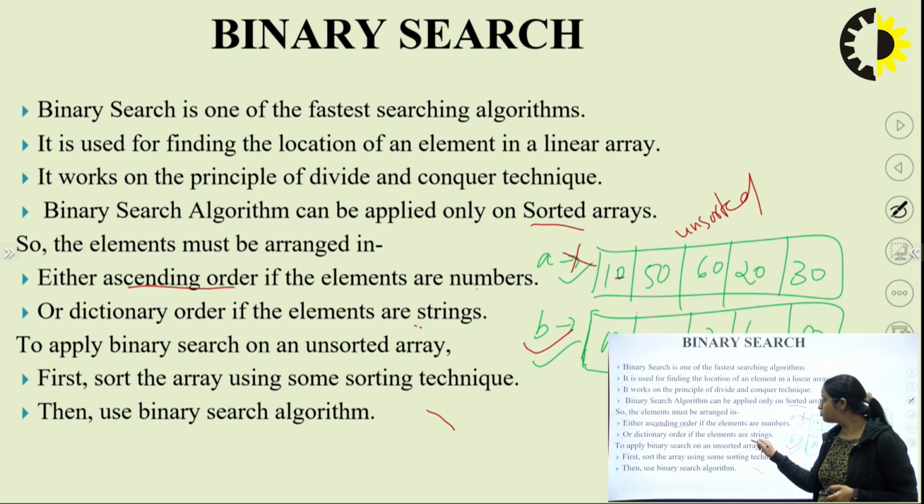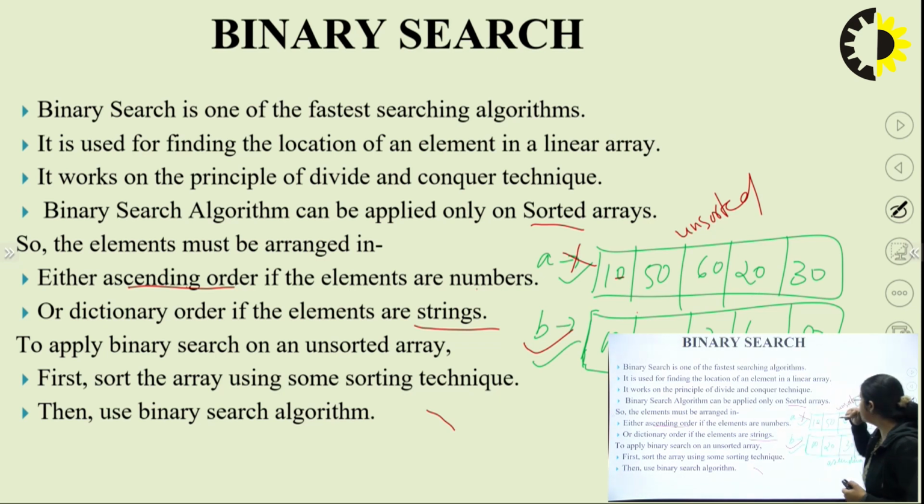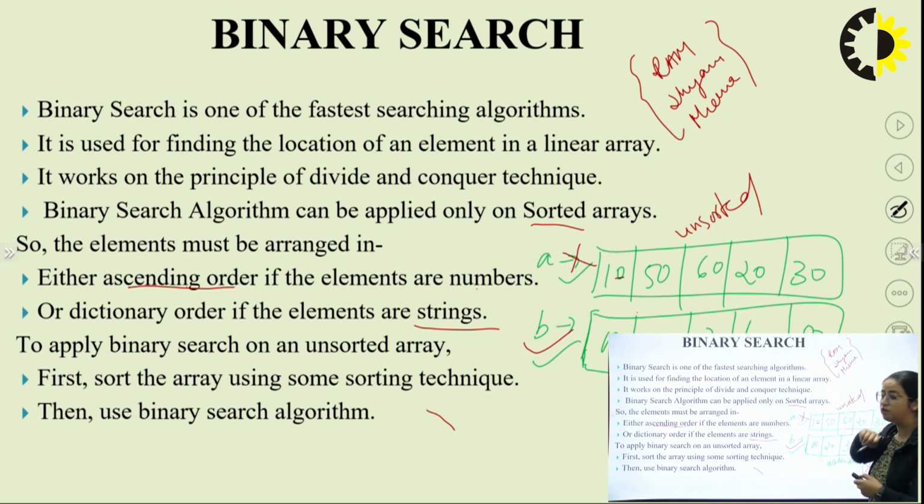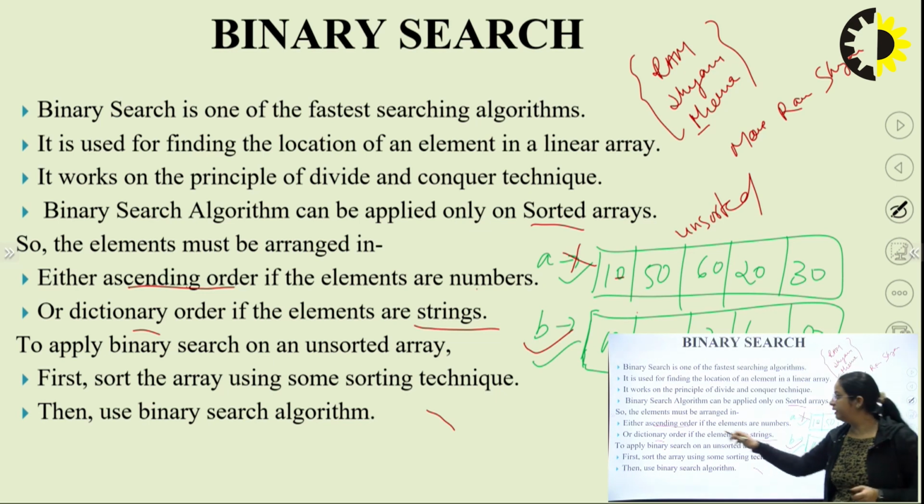And if you are taking string elements, like alphabets or any strings, for example Ram, Sham and Meena, and I want to sort these string elements, then we have to arrange them in dictionary order. What do we mean by dictionary order? Alphabetically, M, after that R, after that S. So our elements should be sorted in this dictionary order.